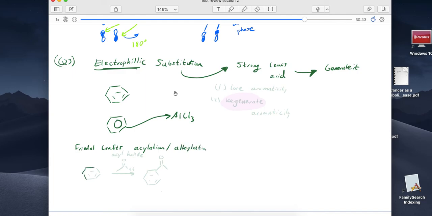So Friedel-Crafts acylation is when we take this guy right here. So that's the acyl halide. As we've seen with its reactivity, it's already a really good Lewis acid. We can bring the carbonyl up, reform it, bump off the chlorine. It's a good leaving group.